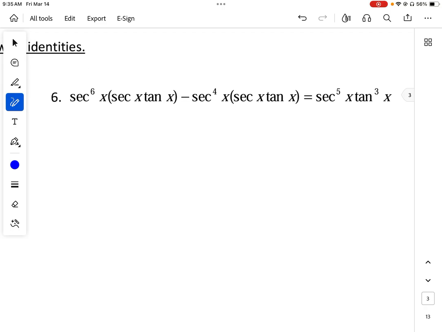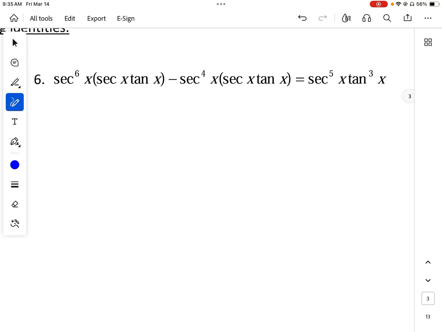Okay, this other one's going to take a little bit more work. We got a lot going on here. So let's see what we can do. We have this out front and this out front. We'd really just need to distribute it inside. So this will be secant to the 7th x tan x minus secant to the 5th x tan x.